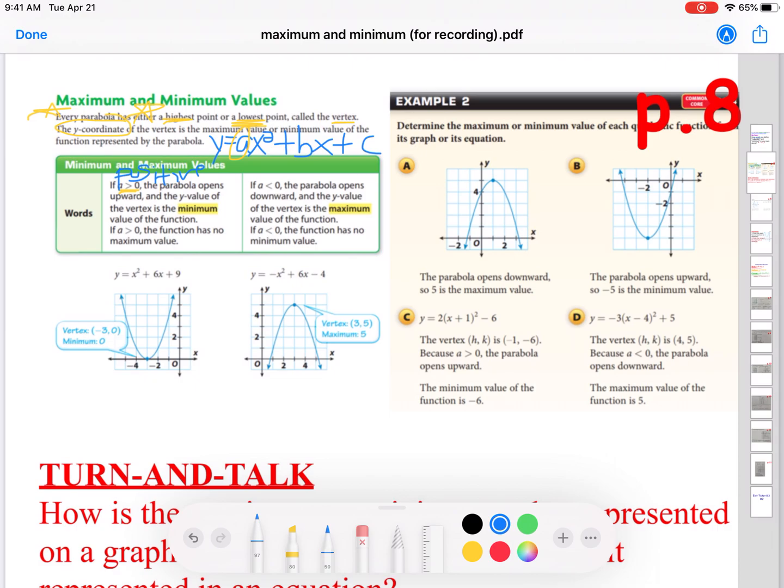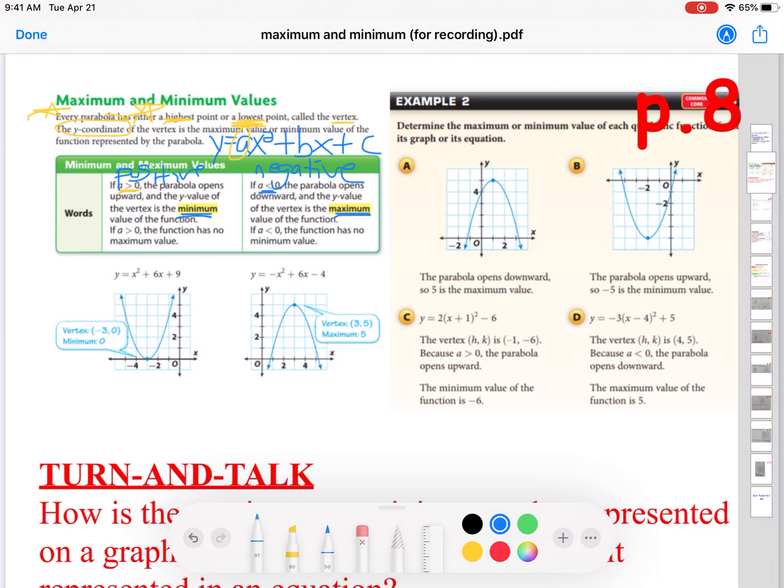It looks like a U, and then you'll have a minimum value. If your a value is less than 0, which means your a value would be negative, that means that your parabola is upside down. It opens downward, and in that case, you have a maximum value. So in these parabolas, you cannot have both. You're going to either have a maximum or you're going to have a minimum.